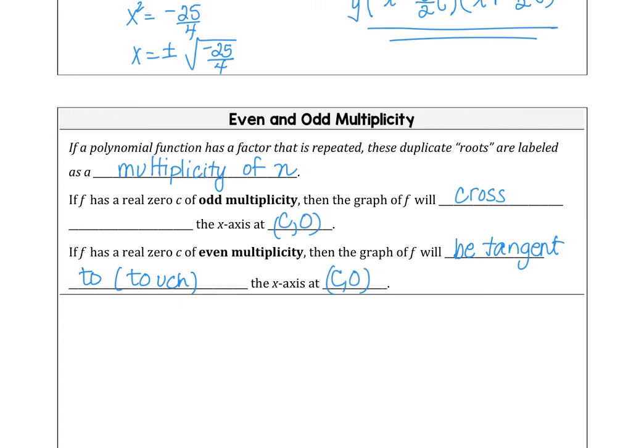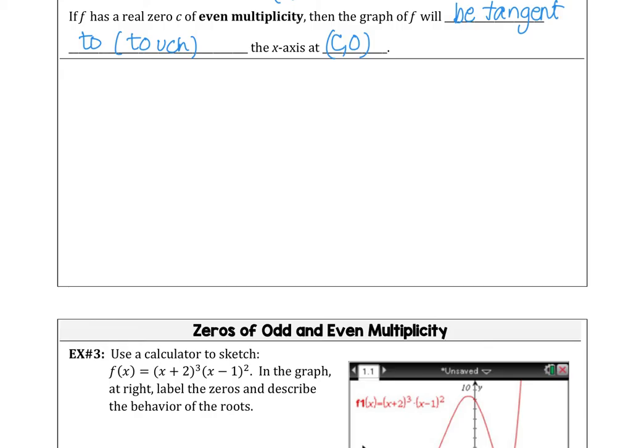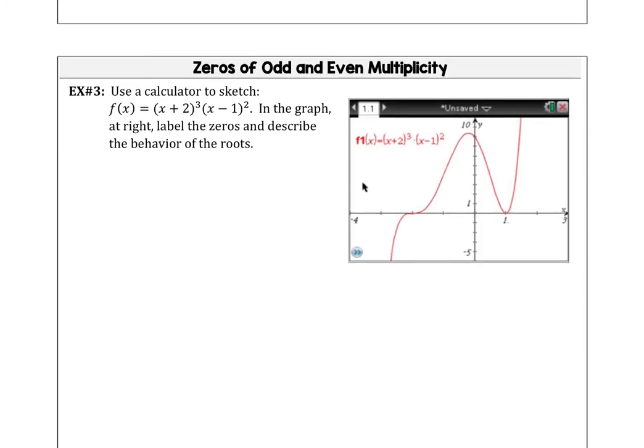For example 3, you want to use your calculator and sketch this graph. It should be as the image here on the notes, and you can tell by looking that here the graph is going to cross the x-axis, so that's odd multiplicity, and we're going to be tangent to the x-axis here. That's even multiplicity.